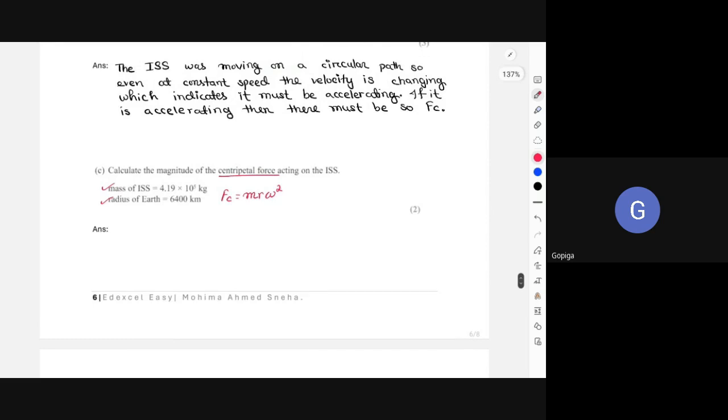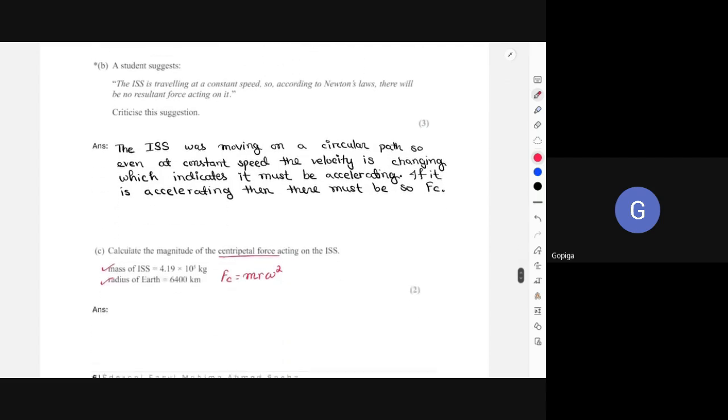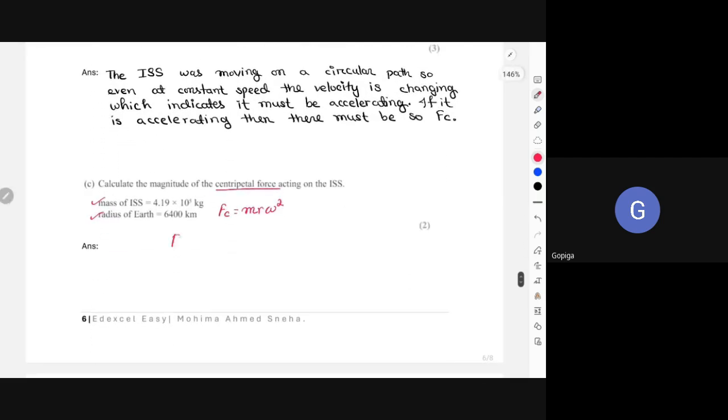In order to find the centripetal force, I have to use omega this time because in part A, I used omega, right? So it's just going to be F_c. The radius is already given, and it has to be converted into meters, so it is going to be 64 with another 3 zeros, so 5 zeros in total.